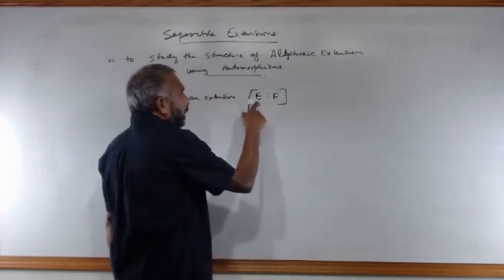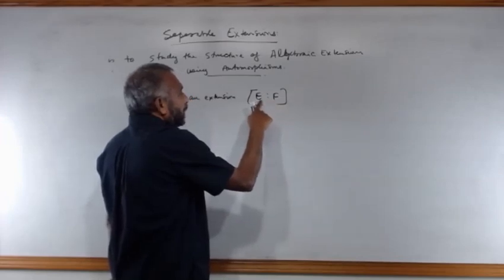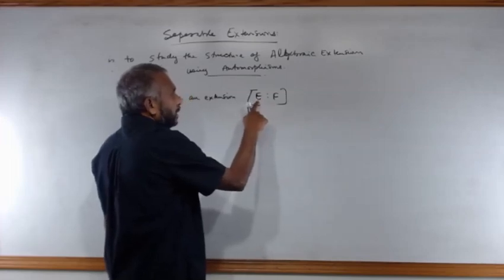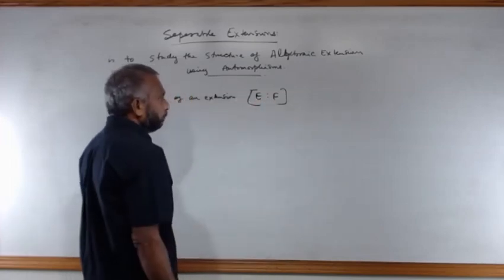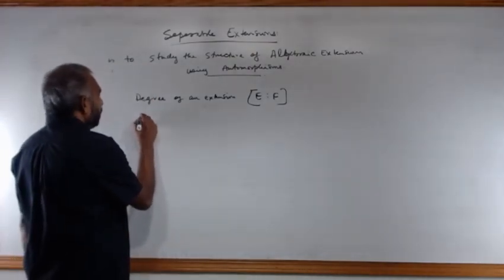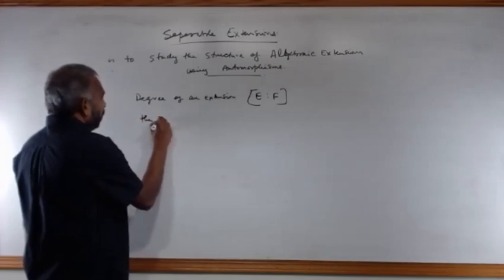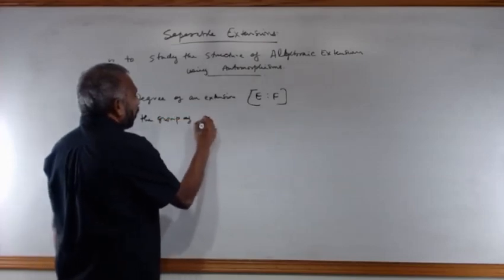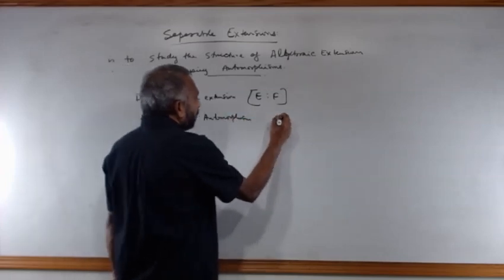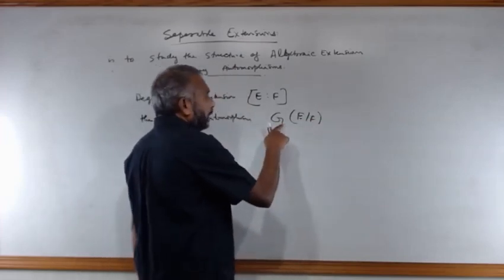If E is a finite extension of F, this is the number of elements in the basis when E is considered as a vector space over F. And we also defined the group of automorphisms, G(E/F).